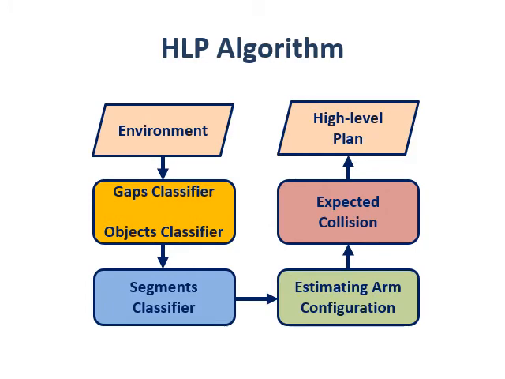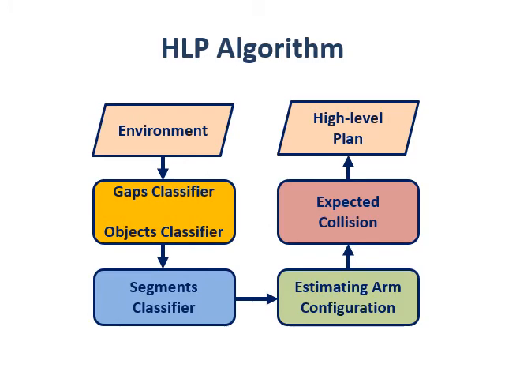Given an environment, we locate gaps and objects, run the gaps and objects classifiers. So we have candidate gaps and objects. These candidates can be connected between rows with combinations of segments.